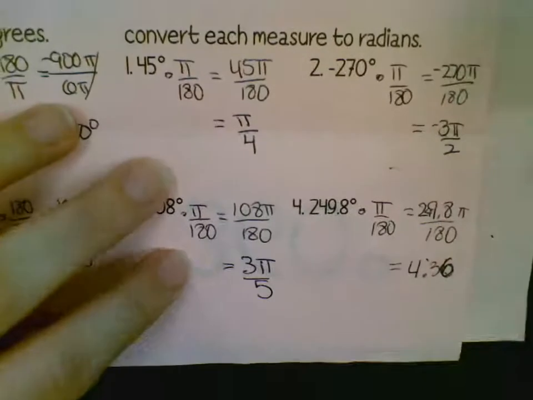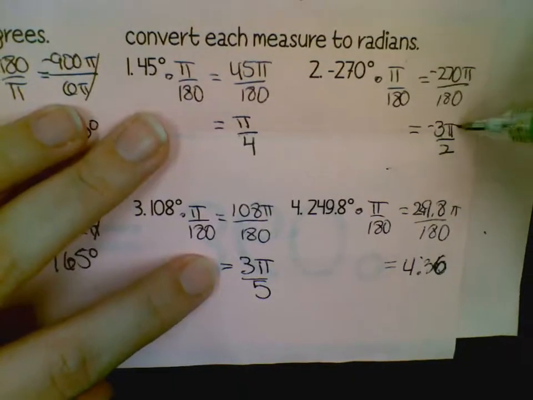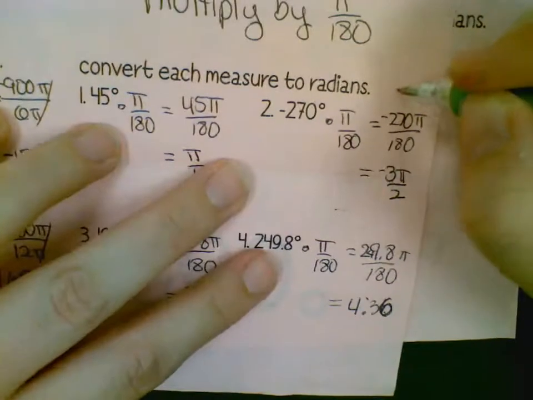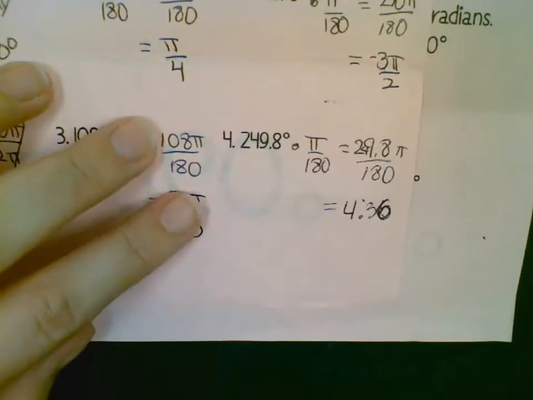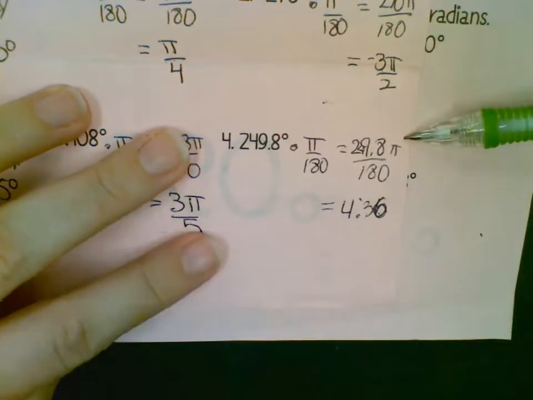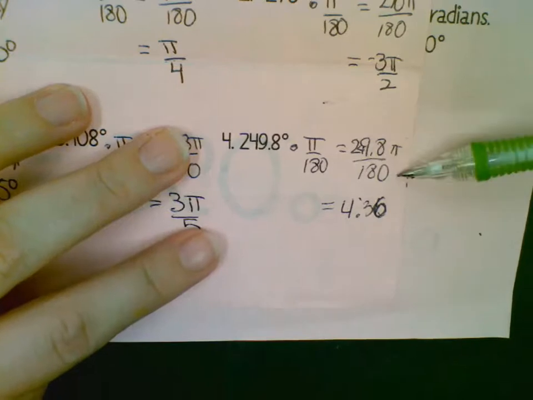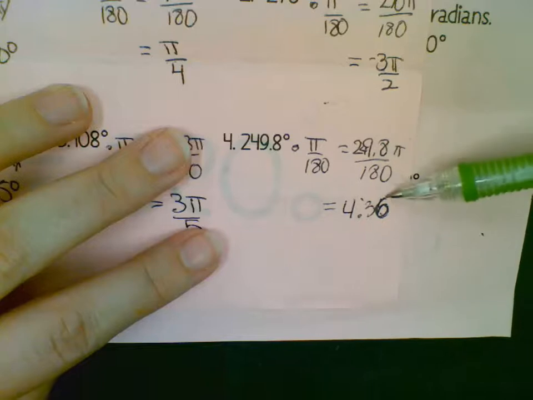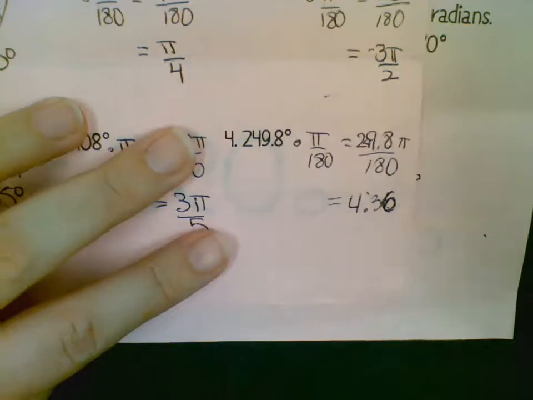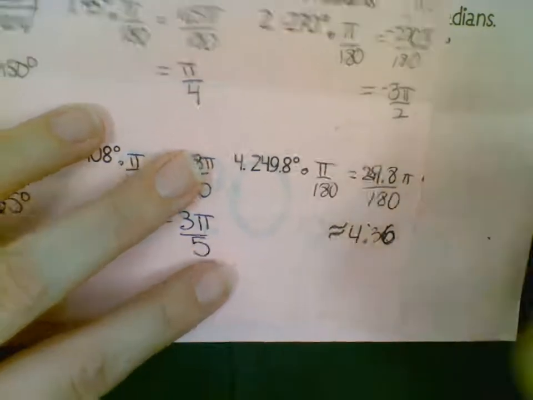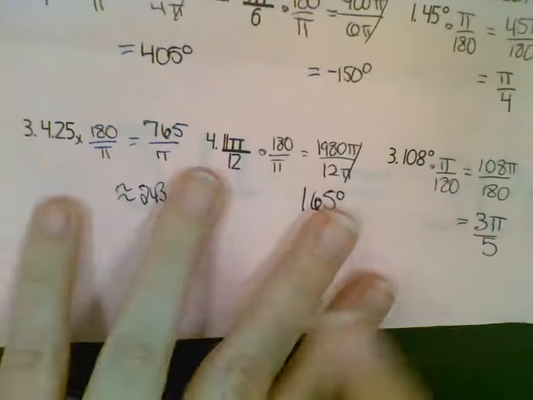For example 2, we multiply by pi over 180 and end up with negative 3 pi over 2. You can divide that by 90. In example number 4, we multiply by pi over 180 and end up with 249.8 pi over 180. Since this one was a decimal, I just multiplied out the pi and got an approximate value. I didn't leave the pi in it, just like number 3 didn't have a pi on the other side.